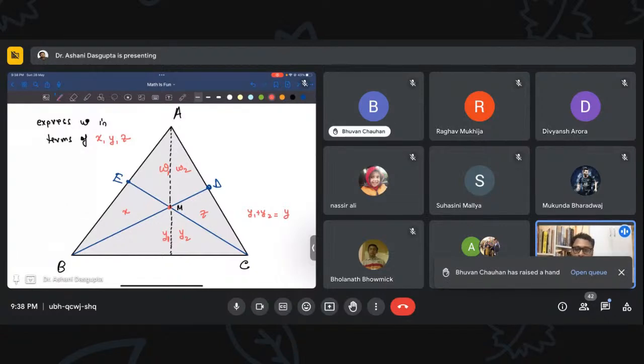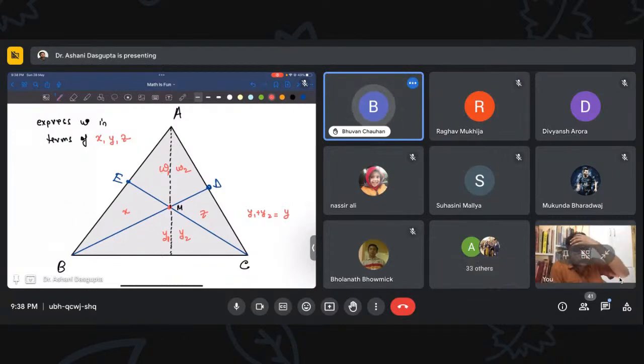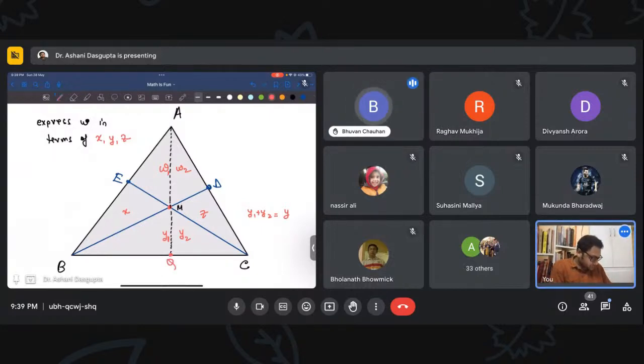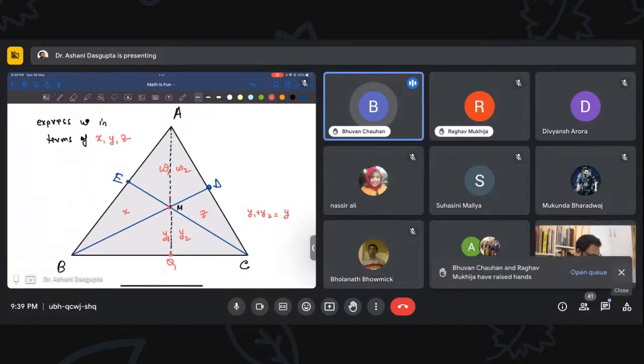Okay, Bhuvan Chauhan, go ahead. Sir, I haven't thought of the complete answer, but I'm able to see something in this question. If we mark the cevian AQ, with the point on the base as Q, then if we see the triangles BMQ and QMC, we can say that BQ upon QC equals Y1 upon Y2.